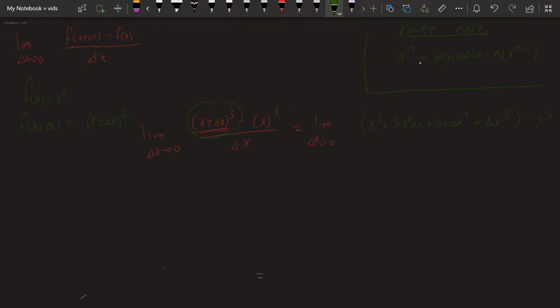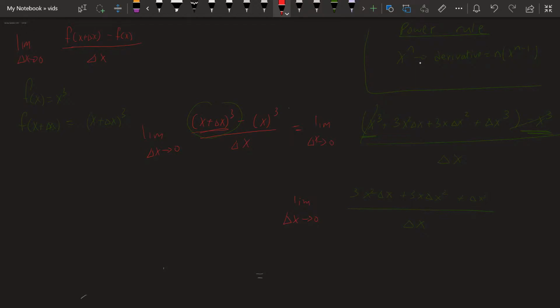Minus x cubed over delta x, right? Now let's simplify the numerator. As we can see, we have x cubed and minus x cubed, so they cancel out, right? So let's rewrite this. We're going to be left with 3x squared delta x plus 3x delta x squared plus delta x cubed all over delta x, and we have the limit.